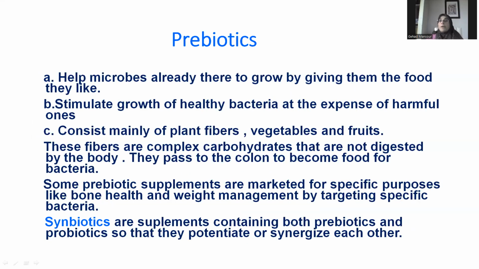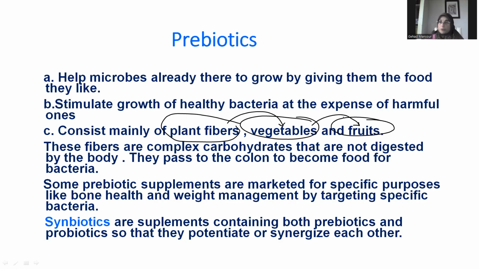On the other hand, we have prebiotics. Prebiotics do not contain bacteria like probiotics, but they help the growth of the good bacteria at the expense of the harmful bacteria. Good examples of prebiotics are plant fibers, like the ones present in vegetables or in fruits.